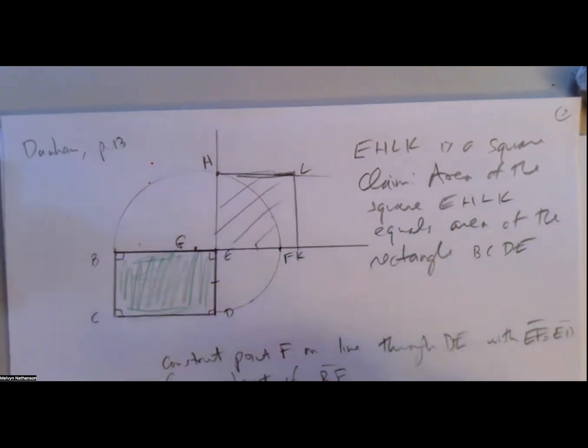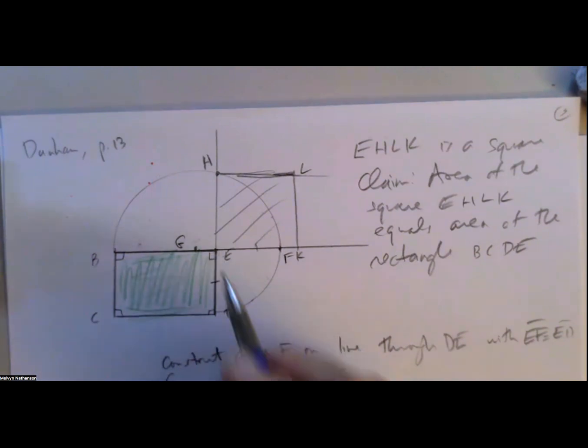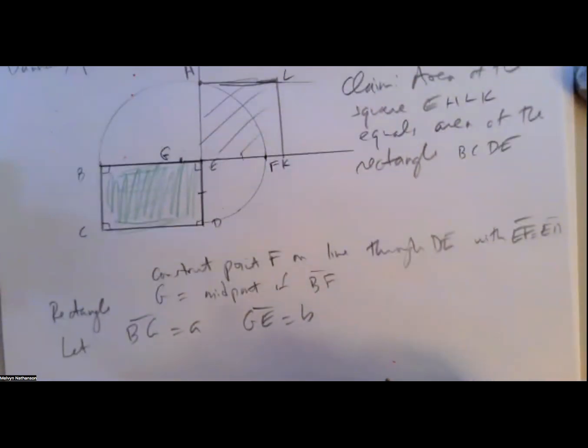So how do we prove that? Suppose we let the distance from B to G equal A. And the distance from G to E equal B. Right?